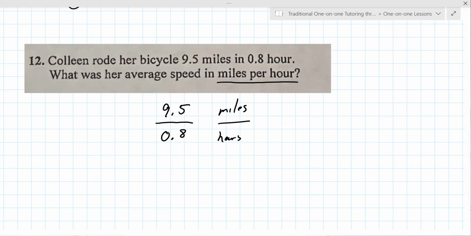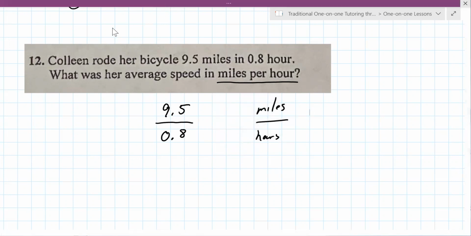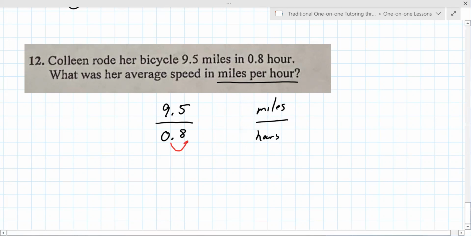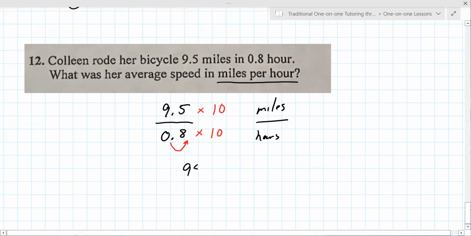Now, whenever you have a decimal in the bottom, you want to eliminate it. So what can you multiply the top and bottom by to move the decimal to the right? 10. Yeah. So that gives you 95 divided by 8.